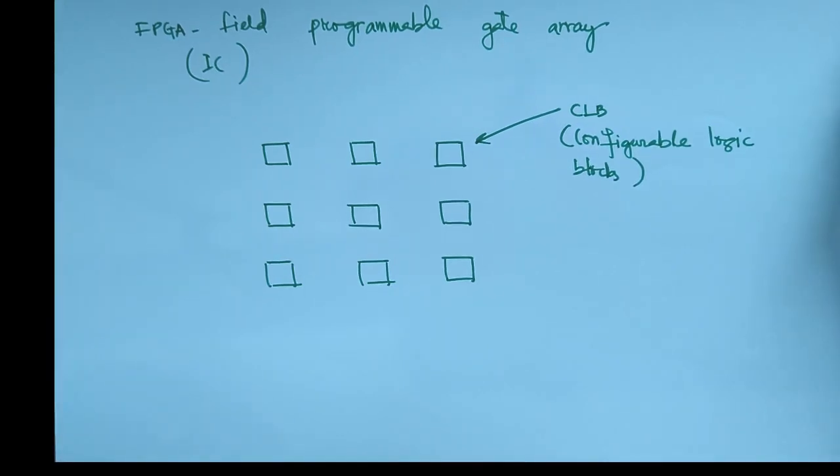A CLB can be considered as a micro circuit or digital sub-circuit which can implement various types of functions, not only logic gates.